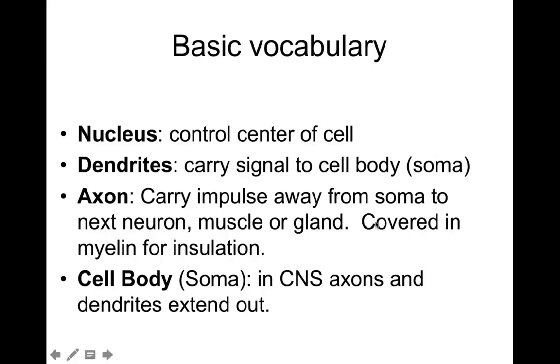Typically in the neuromuscular system, these are covered in myelin, and the myelin acts as a kind of insulation. It changes the impedance of the transmission path, as well as provides some protection for the neuron. The cell body is referred to as the soma. In the central nervous system, you have this axon and dendrite configuration that we'll show a picture of in a bit, where they extend out sometimes into very long paths.